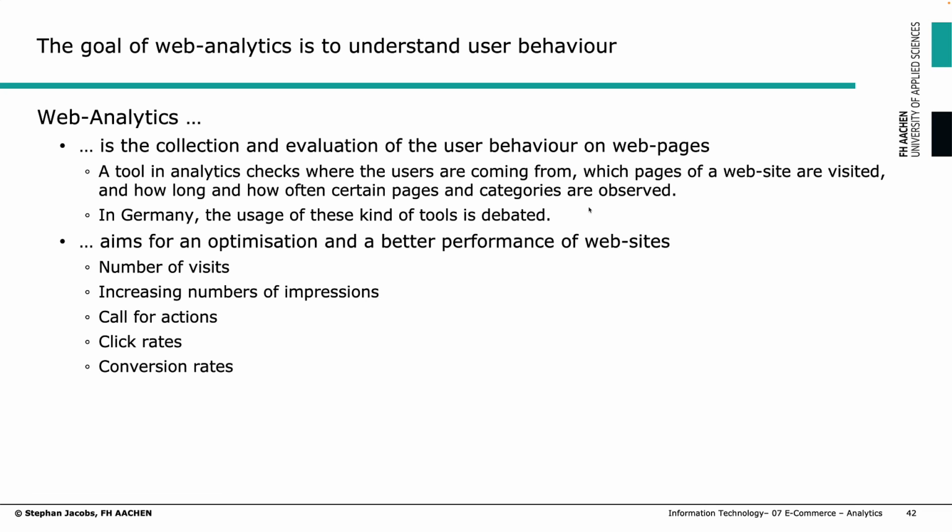So how do we get a better understanding of the number of visits, how do we increase this number of visits, how do we increase the number of impressions, meaning how often things are displayed? How do we get people to call for action, so to buy something, for example, and so on and so on. We will discuss what these clicks and conversions and impressions are next week.